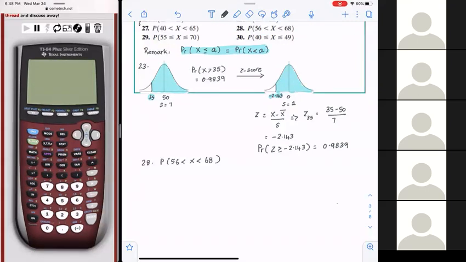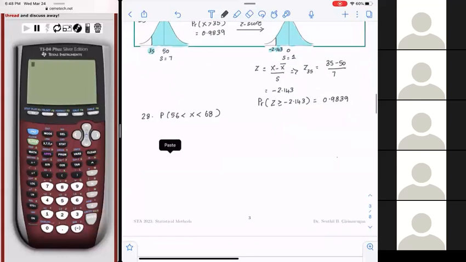So here we want to find the probability that x is between 56 and 68. So 50 is the mean. So the mean's right over there. And 56 is probably right there. I'm just guesstimating.